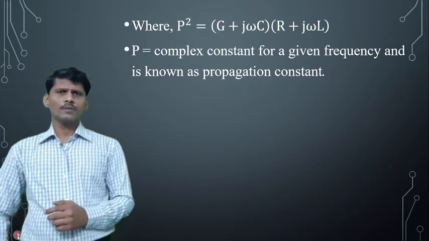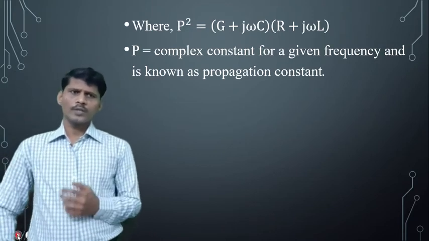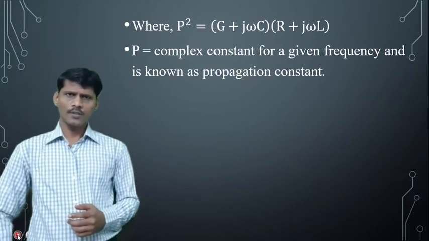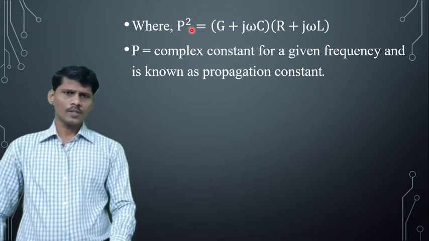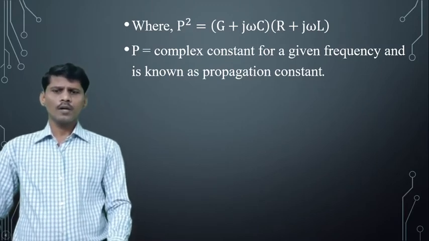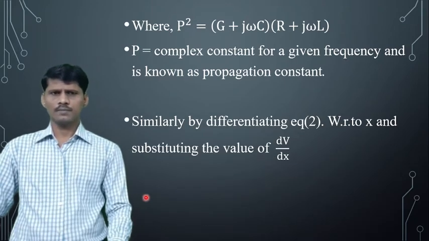So for a given frequency, P is a complex quantity and it is known as the propagation constant. From this equation, the propagation constant P is equal to the square root of R plus j omega L into G plus j omega C.